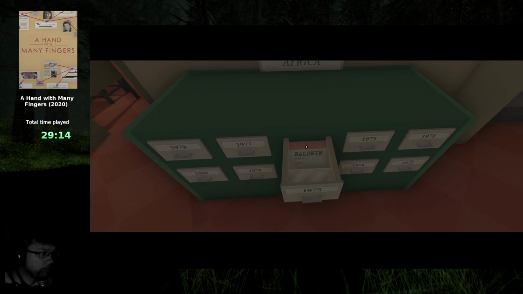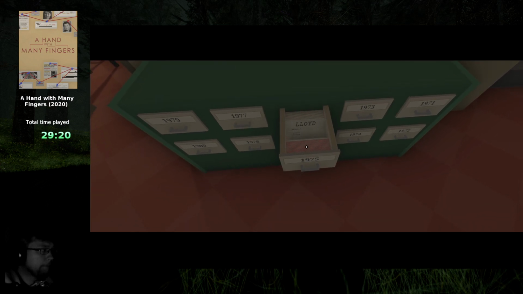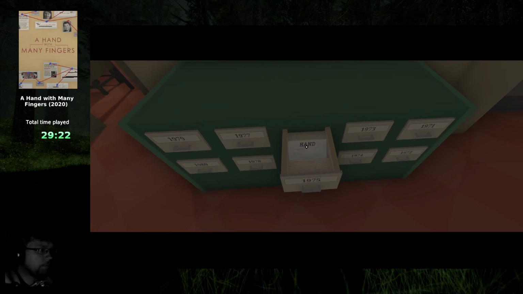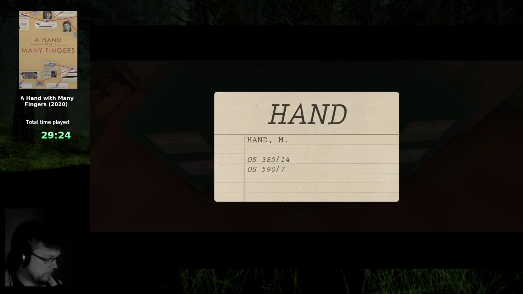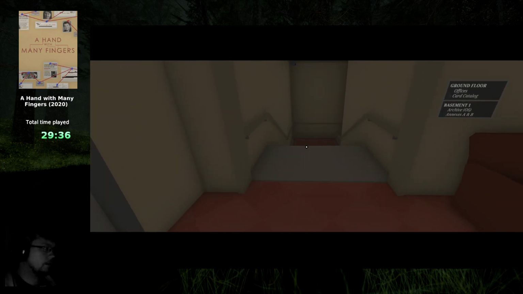Especially since we don't have anything on Colby. We have something on Hand. Yes. What do we got? 385 and 590. Let's take a look.